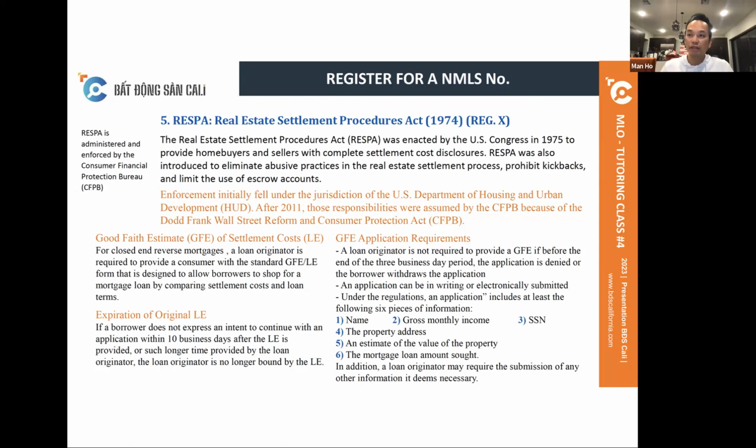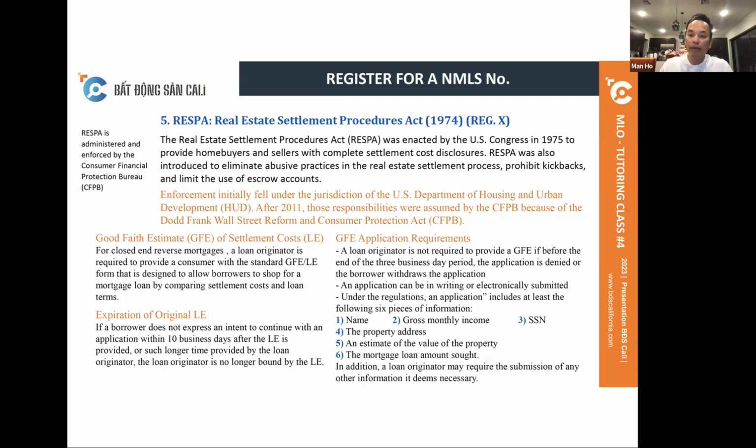And then they use closing disclosure. RESPA was also introduced to eliminate abusive practices in the real estate settlement process. Any activity going on in buying and selling property, they try to eliminate all the abusive practices, including discrimination and all that too.